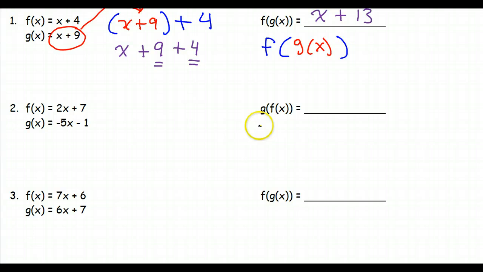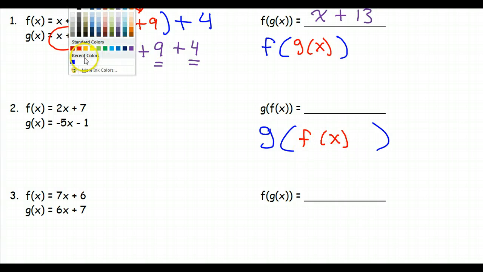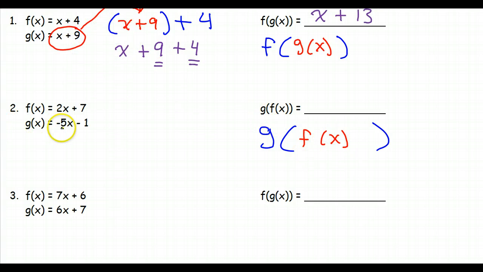Alright, the original function is function g. So this time we're going to do function g on the outside, and then on the inside we're going to substitute function f. So let's start with function g because that's first. Function g is the function negative 5x minus 1. Again, see what I did?